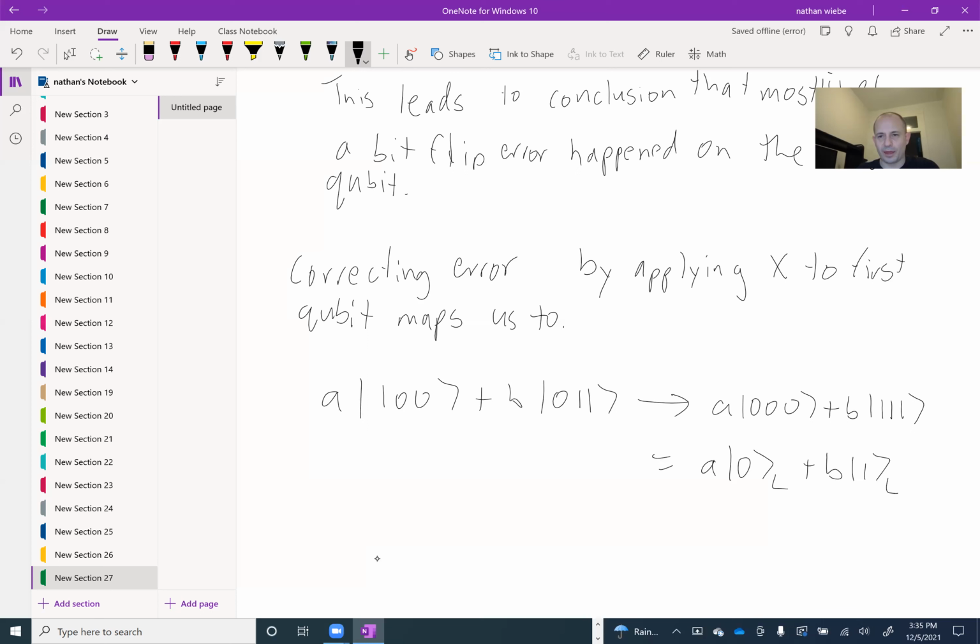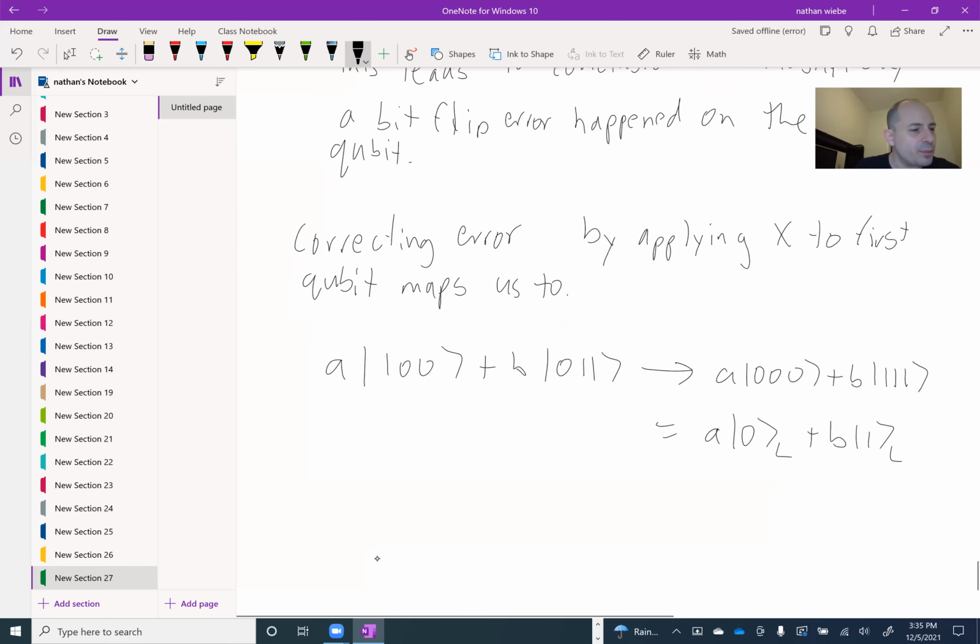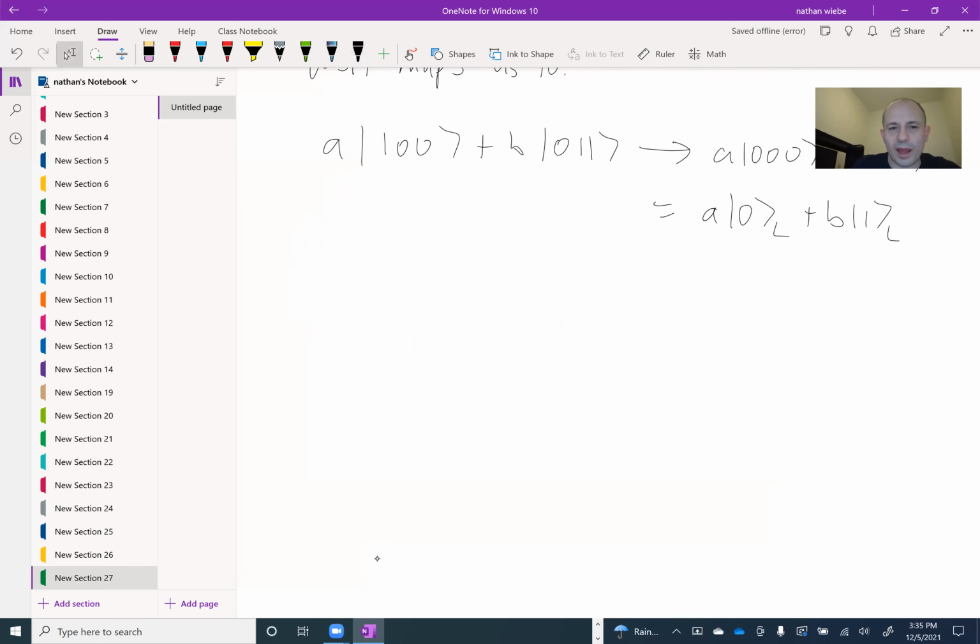The other thing that I think is also pretty neat that we get out of this is that we can also correct partial bit flips. So what do I mean by that?